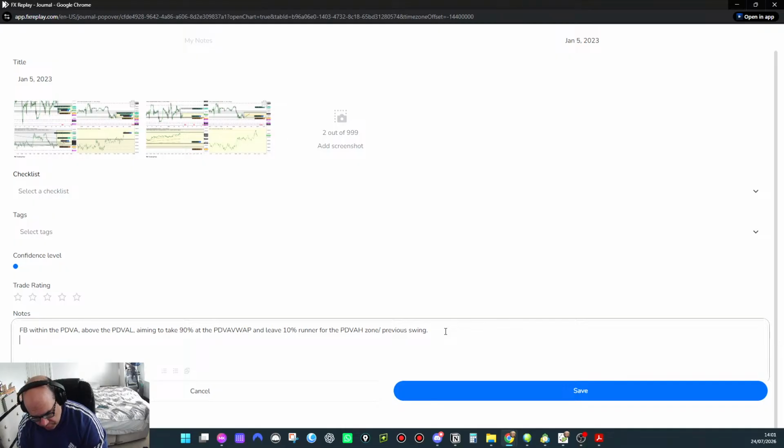TP1, which was the previous DVA high, previous DVA high hit, and the previous highs.